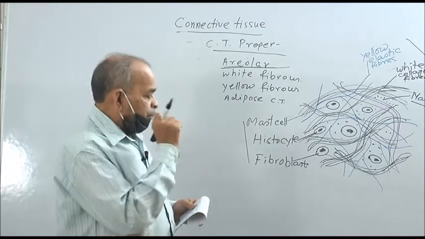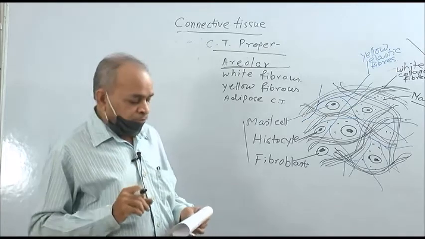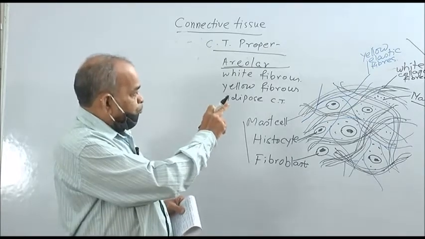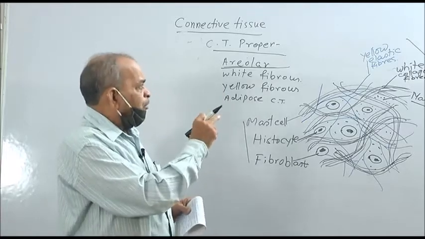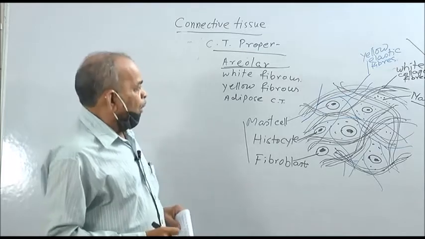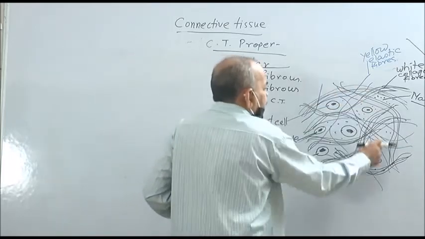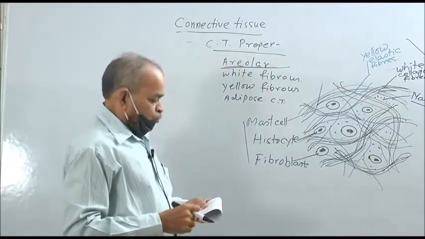First, the fibers. The fibers are of two types: white fibers and yellow fibers. White collagen fibers, yellow elastic fibers. White fibers are wavy, you can see they are wavy, unbranched.